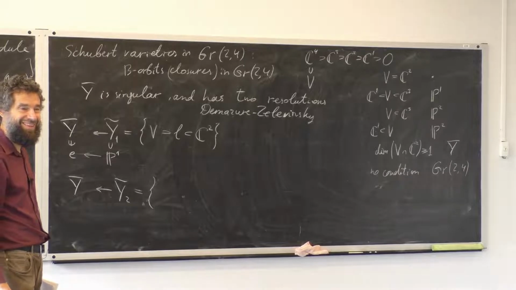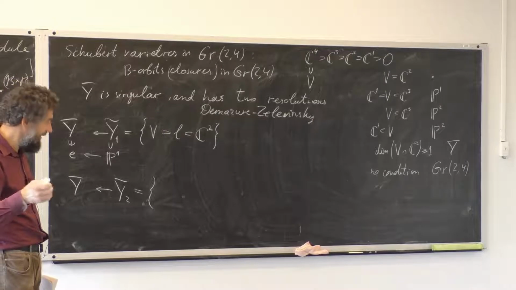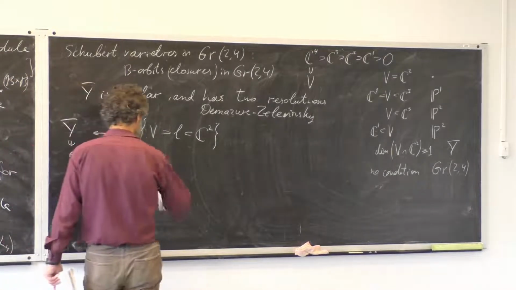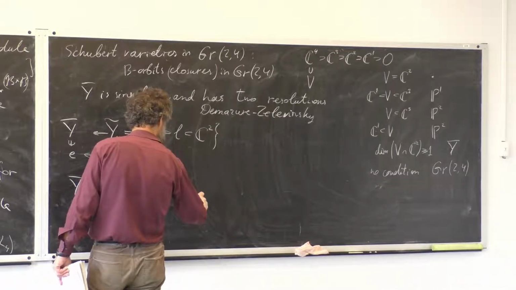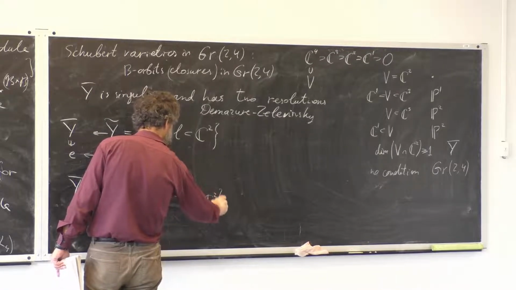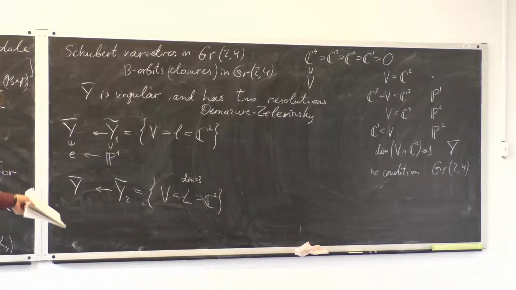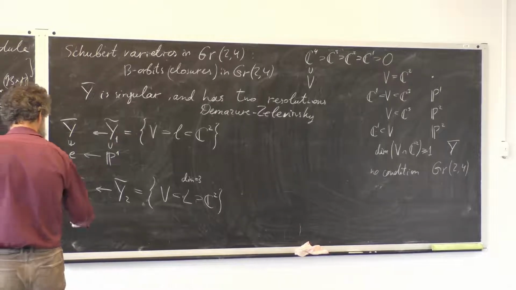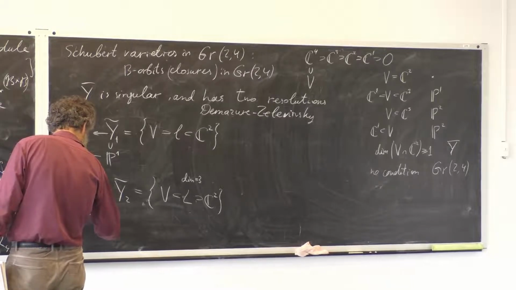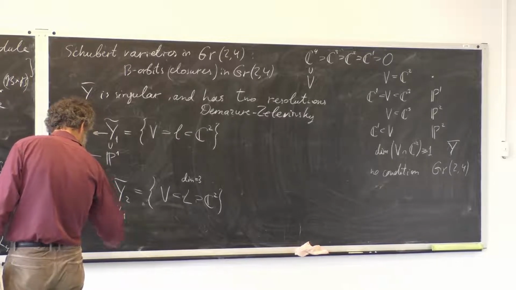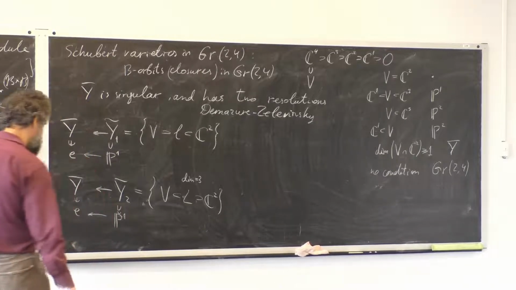Yes? Yeah, well, yes, it's dual. So V is contained in certain L, say, and this has dimension 3. So it's just literally dual. Okay, and again, for the same reason, the fiber over this singular point will be sort of dual P1.